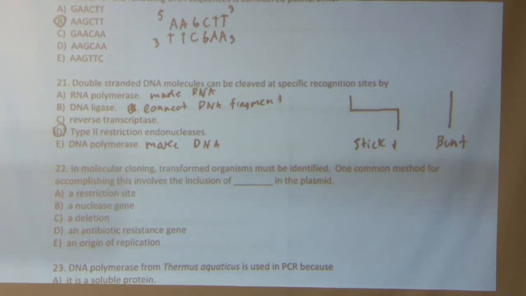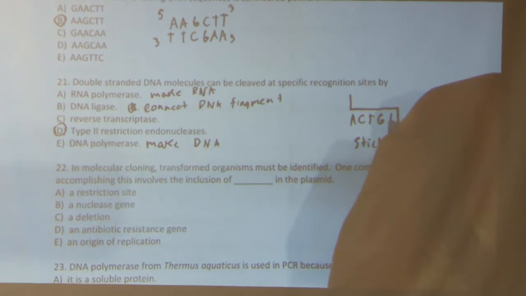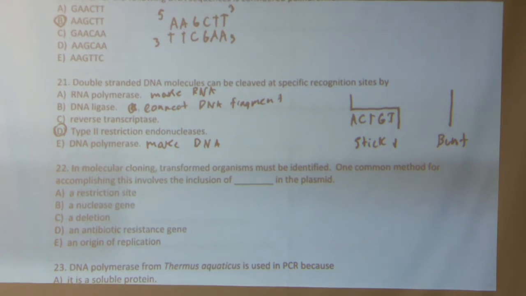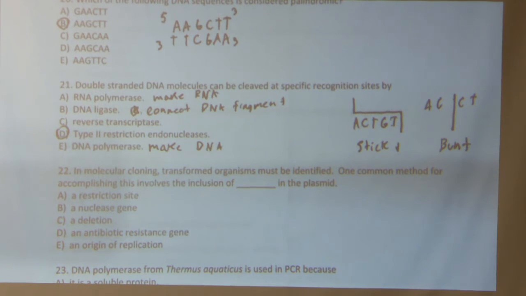That's true, because say this was all a recognition site, that area is still in the recognition site. So either way it's in that recognition site, so type 2 can make blunt or sticky ends. I just wanted to go over the difference between the two because that could be a possible question. Any questions? No? All right, moving forward.